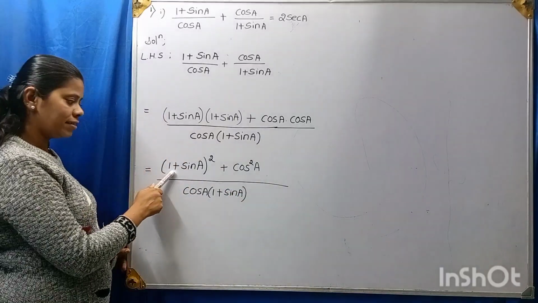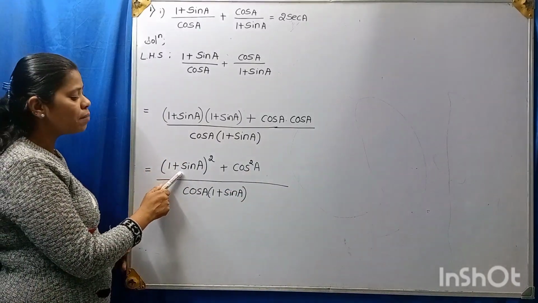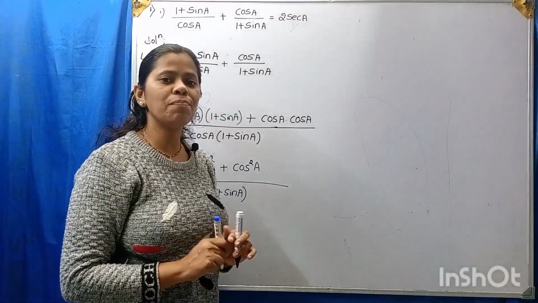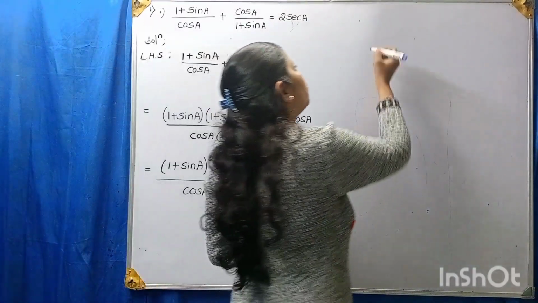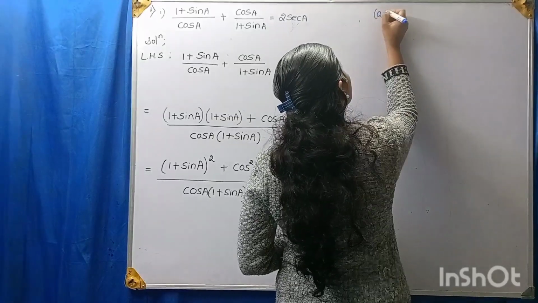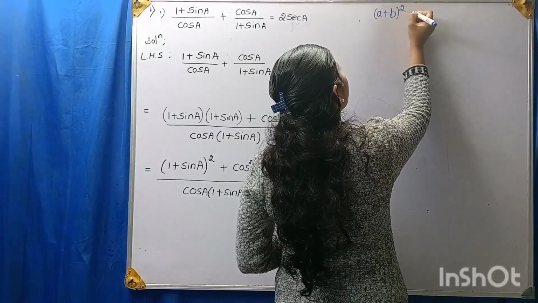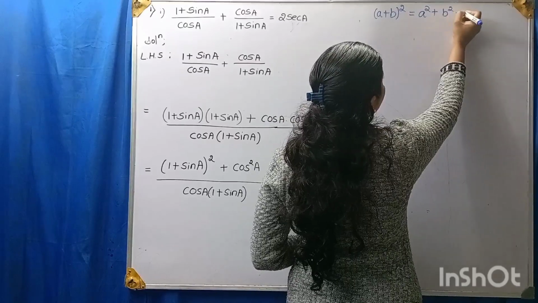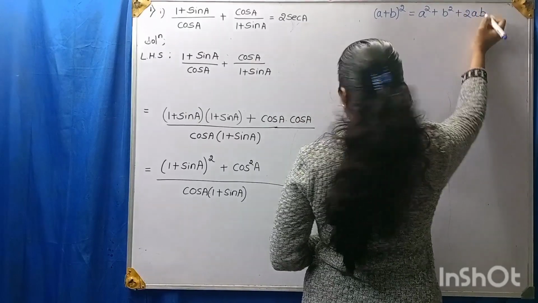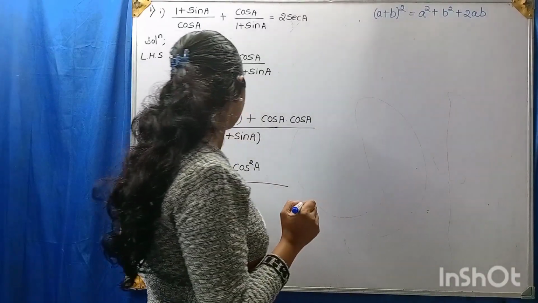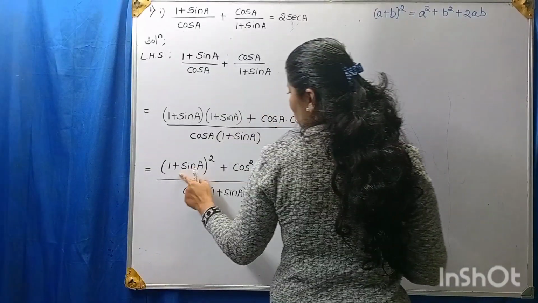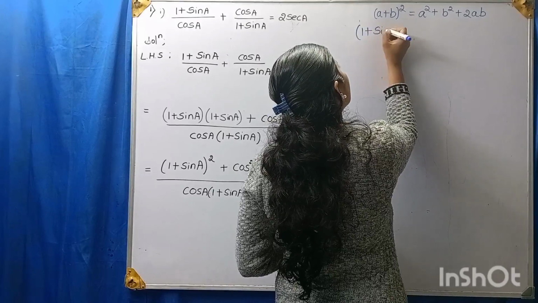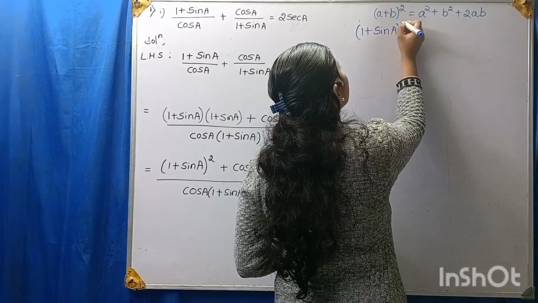Now look at this. It is in the form of (A plus B) the whole square. And we know the formula of (A plus B) the whole square. What is the formula? It is A square plus B square plus 2AB. Now look at this, (1 plus sin A) the whole square.